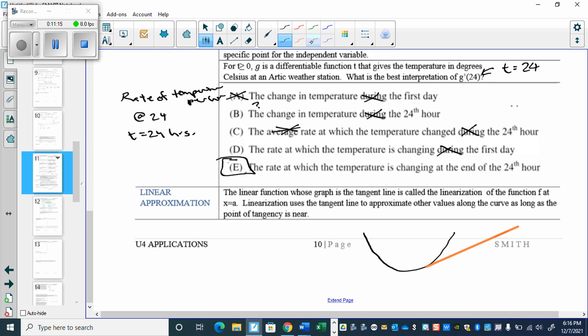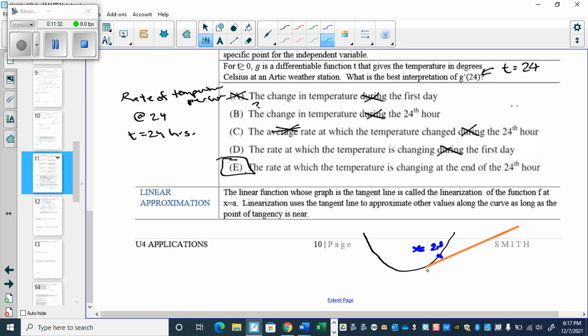I want to guesstimate, let's say x equals 2.3 right here, what this y value is.